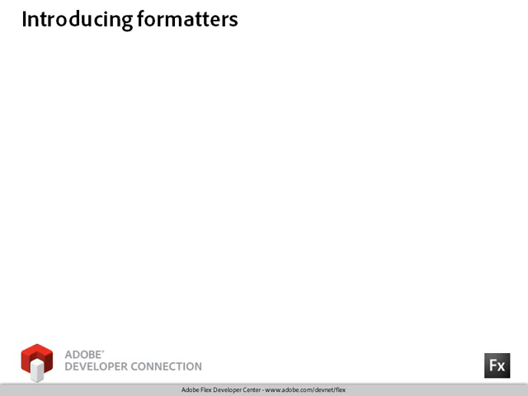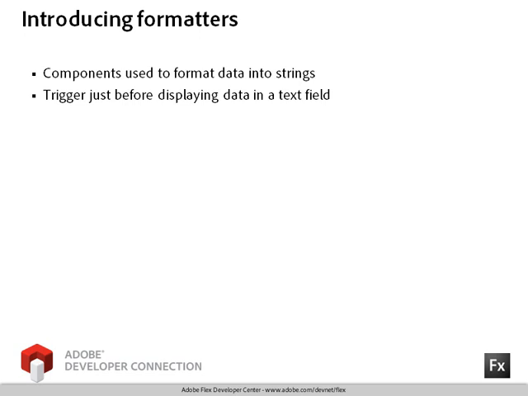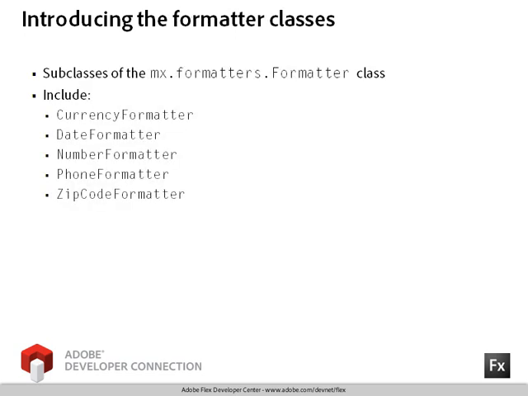The formatter classes are used to format data into strings. You will generally want to trigger a formatter just before you display the data. All formatter classes are subclasses of the mx.formatters.Formatter class and include the classes listed here.